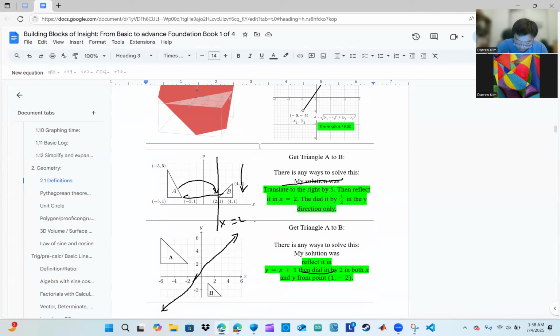Reflect at that point, right? And then that would have gotten this. Notice that the scale is divided by 2 over here, so you just dial in by 2 at point 1, negative 1. Did I do this wrong? Yes, I did.